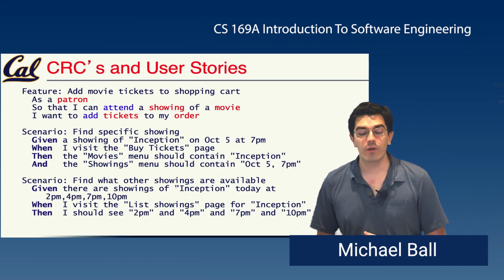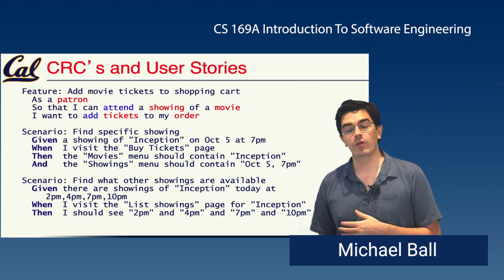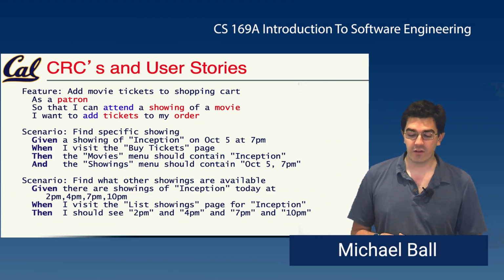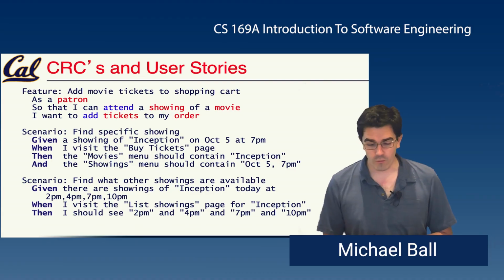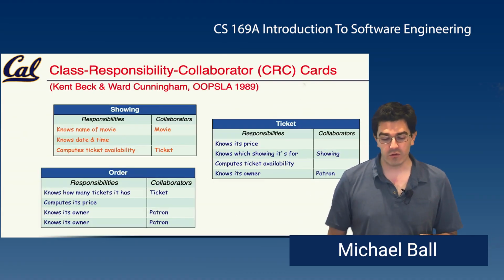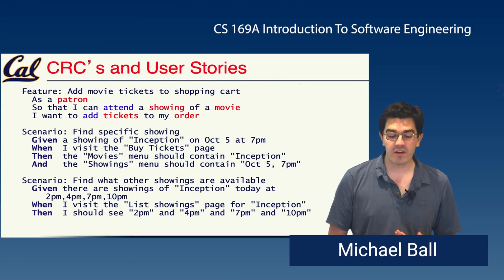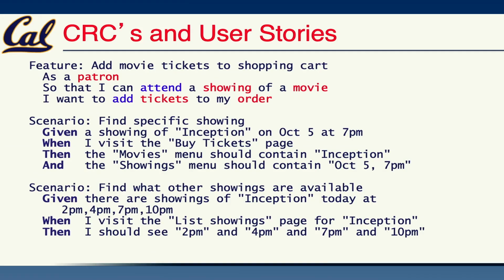So we know that a ticket needs to interact with an order, and that adding a ticket to some order is some action that we'll need to take care of. But the idea here is that we should be able to draw these out on a simple interface, and that can help us guide how we might write certain kinds of user stories. But the goal of all of these things is to focus on a higher level version rather than the individual calls, perhaps, that exist in a model.